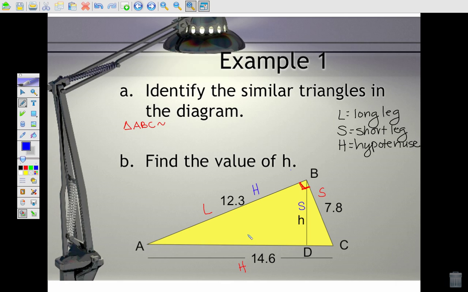This side right here on the medium is the short leg, and this is the long leg. Here's our right angle from the altitude. Okay, so now I can say that triangle ABC is similar to triangle, and we want to match up hypotenuse and then the leg and the short side again. So here on side AB, that was the long leg. So my long leg for this one is here, so that's AD.